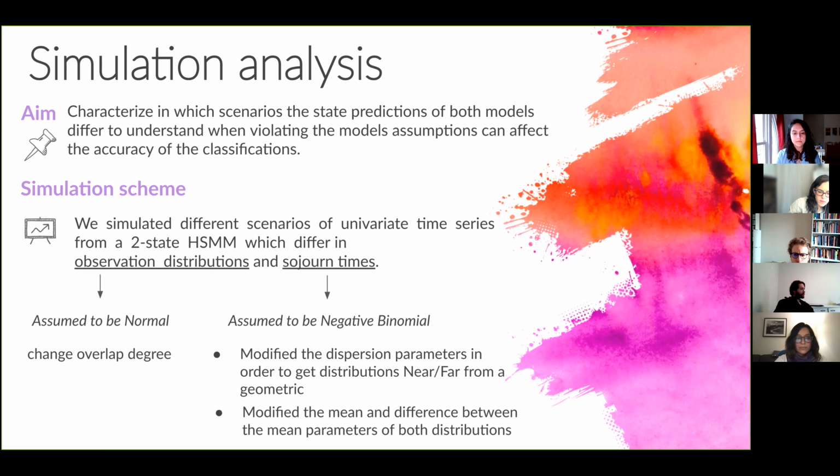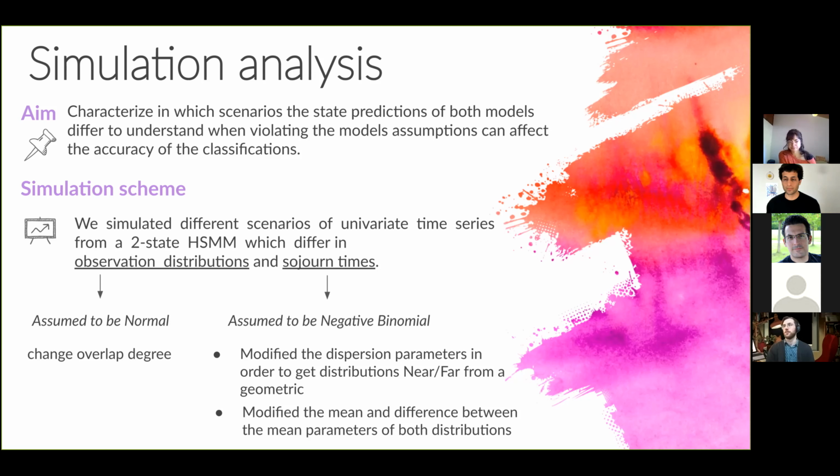To do that, we simulated different scenarios of univariate time series from a two-state HSMM, which differ in the observation distributions and in the sojourn time distributions.